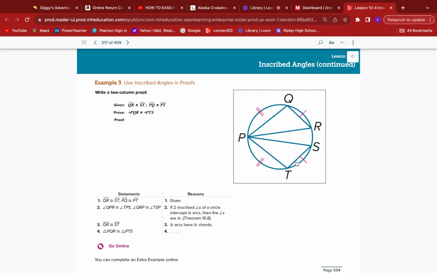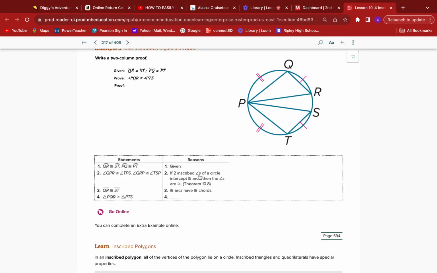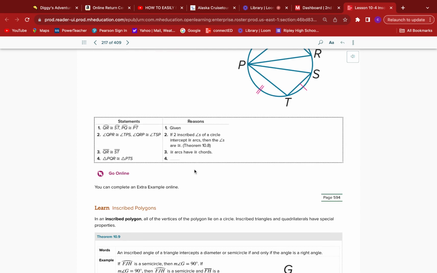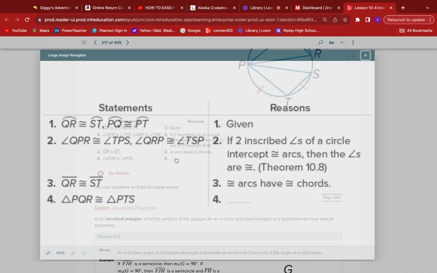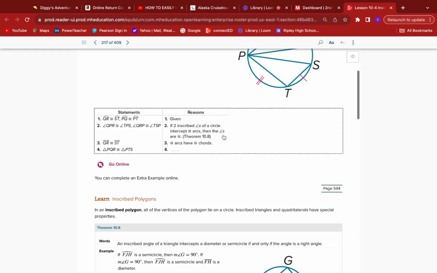And same thing for ST. So our chords are equal. That is the side. So we've got angle, angle, side. Angle, angle, side, everybody. AAS. The angle, angle, side goes right there. And it's not going to let me put it in for whatever reason. I can't type it in, but it would be AAS for angle, angle, side.